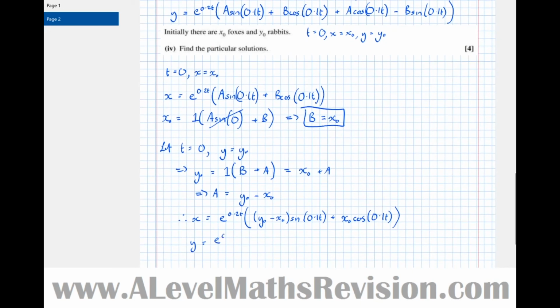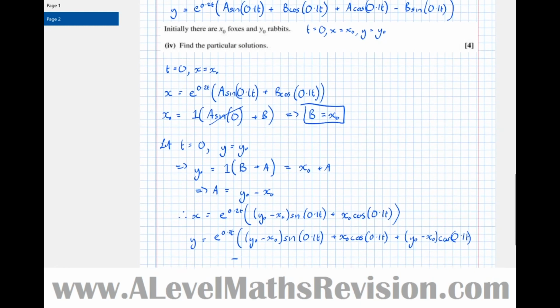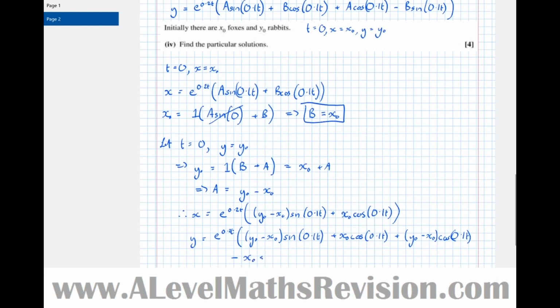So y equals e to the 0.2t, and a was y0 minus x0, so it's y0 minus x0 sine of 0.1t plus b, which is x naught cos of 0.1t plus y naught minus x naught cos of 0.1t minus x naught sine of 0.1t.